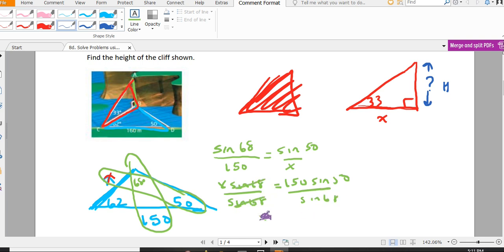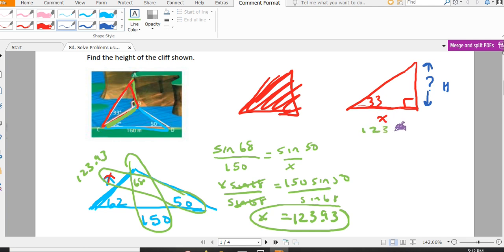Cross that off, and our x value is equal to 150 times sine of 50 divided by sine of 68, 123.93. Okay, which is that length, which is shared with the bottom of that. So that's 123.93.